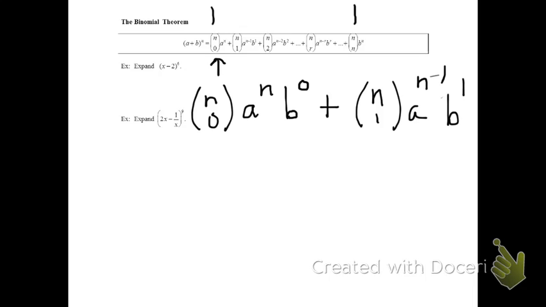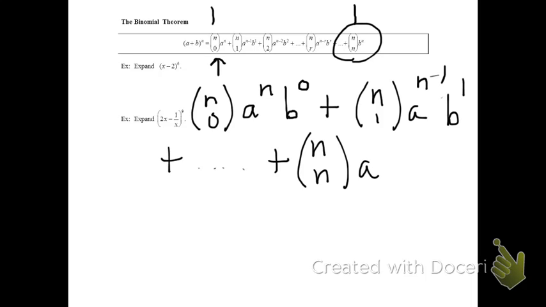It's hard to do very fine writing with these things. And then it continues all the way to the end, where the last term, which is this one here in the pattern, is n choose n, a to the power of 0, b to the power of n.